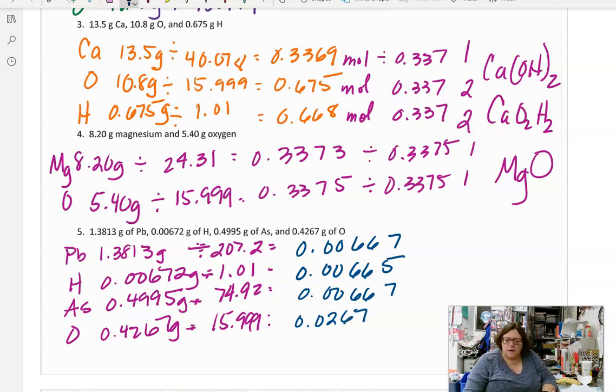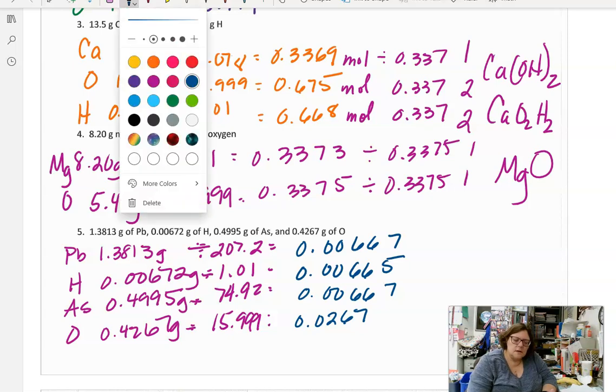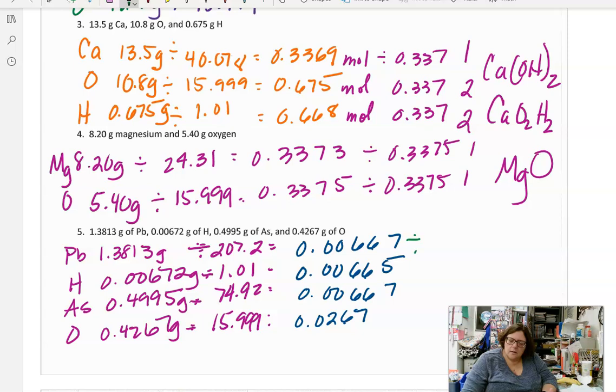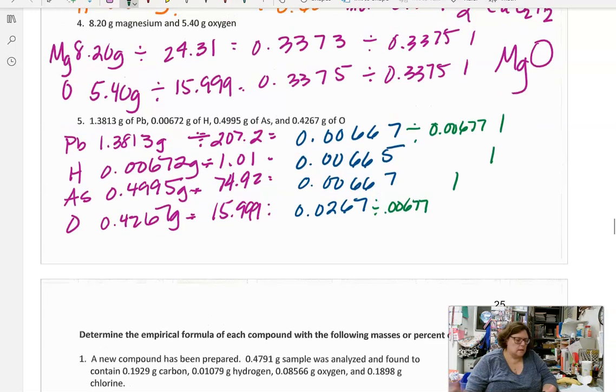Okay, these are obviously the smallest ones, so we're going to divide them all by 0.00667. And we get 3.9, and we'll round that to 4. So this guy's chemical formula or empirical formula is PbHAsO4.